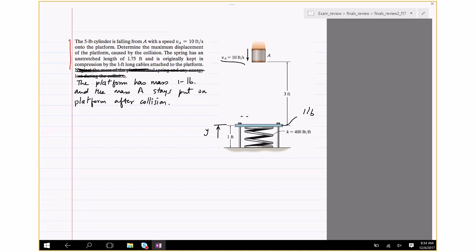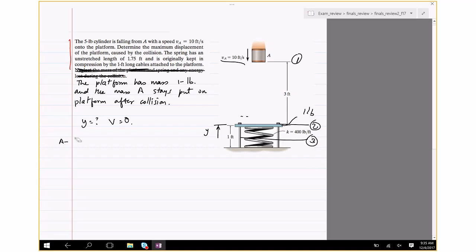Okay, so let's solve this. We got to find the displacement when the velocity is zero. So let's divide into three parts, A, B, and C. So the particle moves from A to B, B to C. Okay, let me write this as 1, 2, and 3.